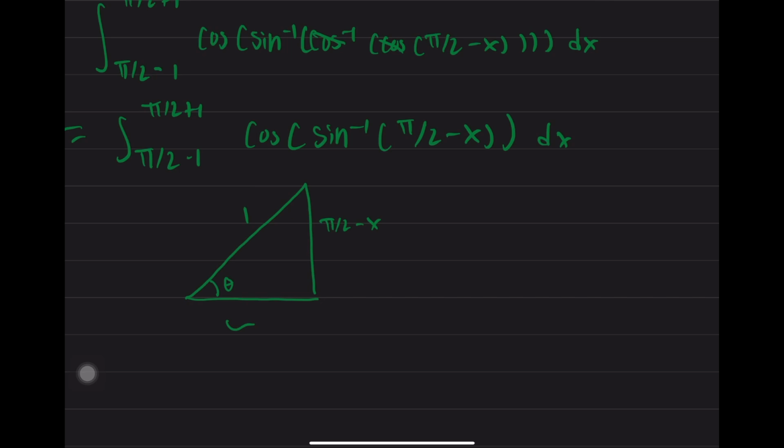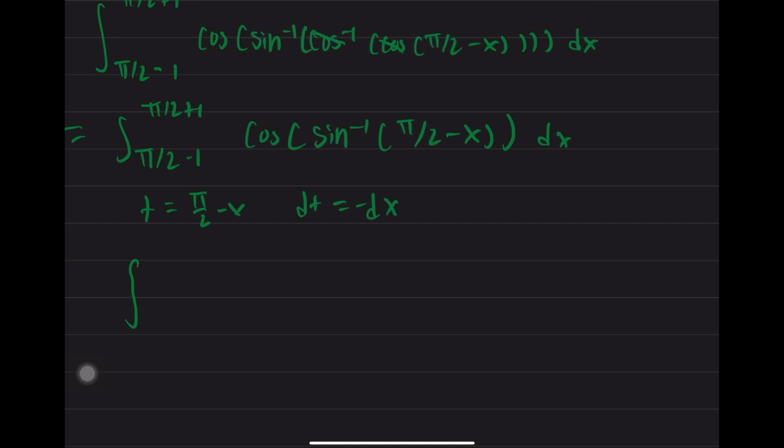Now, what's this value here going to be? Let's call this b for now. We have pi over 2 minus x squared. Well, before we do this, just to simplify a little bit, let t equal pi over 2 minus x. So we now have dt is equal to negative dx.